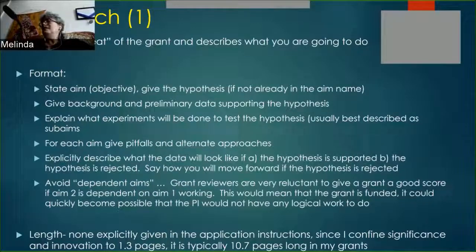But that preliminary data was in the grant. It was just on page 3 when they were reading this on page 10. So that is way less likely to happen if you put the data directly supporting that particular aim, embedding it in that aim. So that's why I personally suggest that.